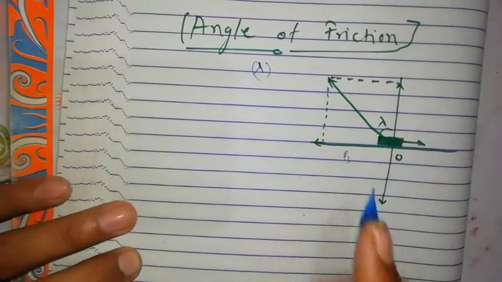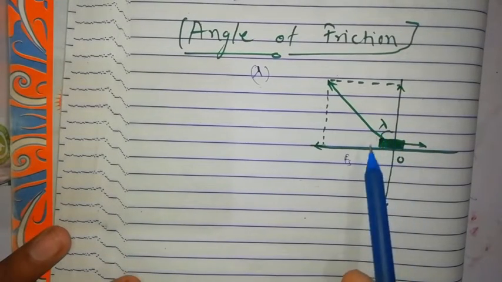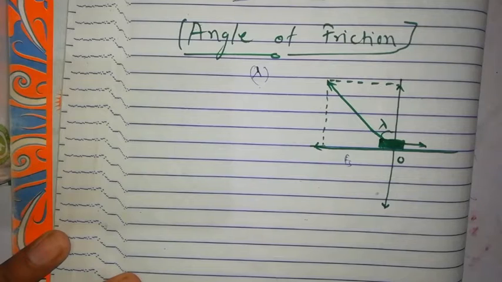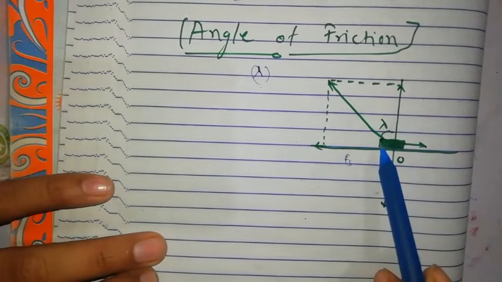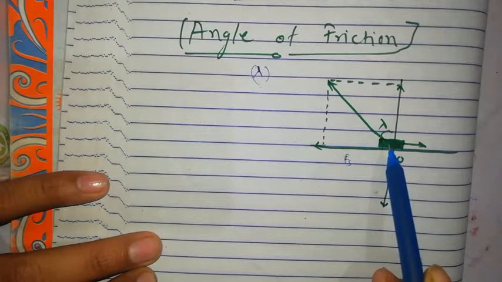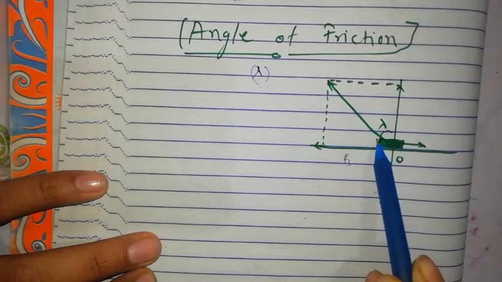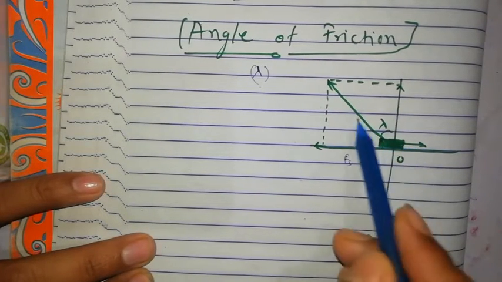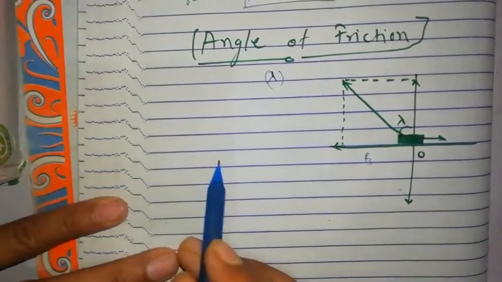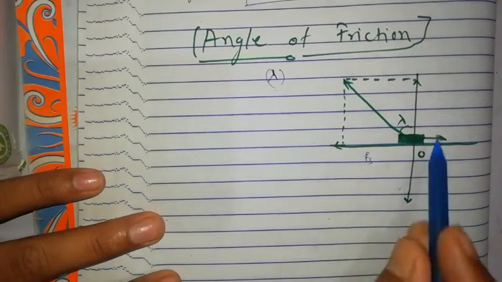This picture shows a rectangular block lying on a horizontal plane in the state of limiting equilibrium. The forces acting on the block are of four types.